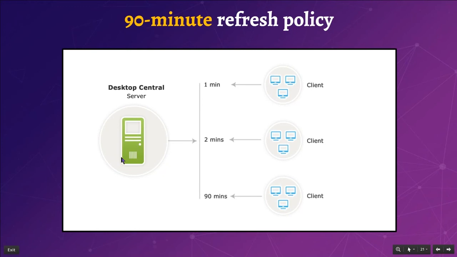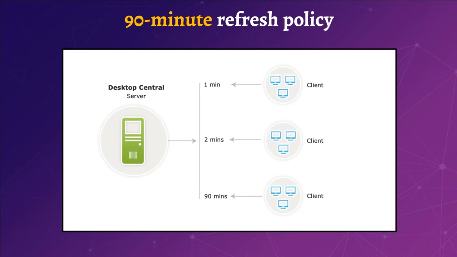So that is called 90 minutes refresh policy. So this feature ensures all the computers in the network contact the server periodically. Two important factors are ensured here. One, the network is not being choked by the agent server communication, meaning bandwidth is not being disturbed due to the agent server communication. Even the performance of the server is not getting affected anytime.